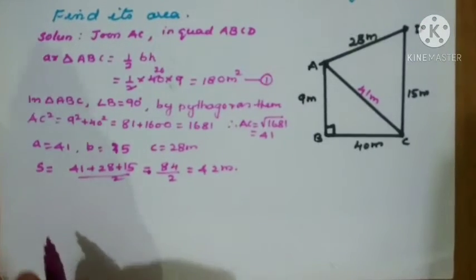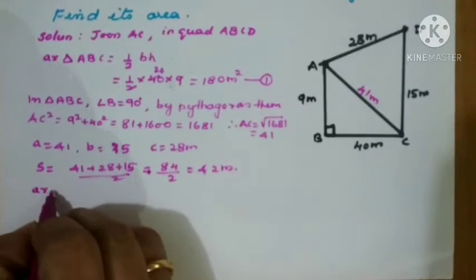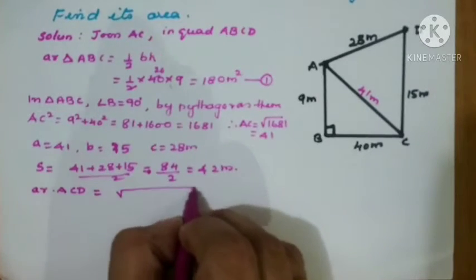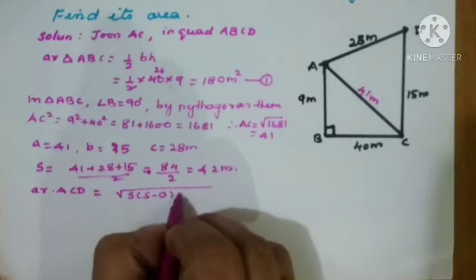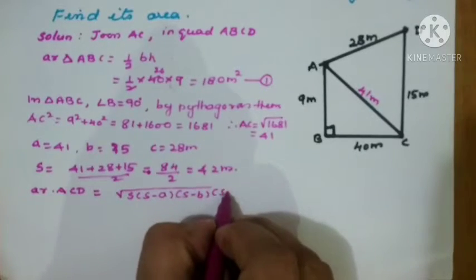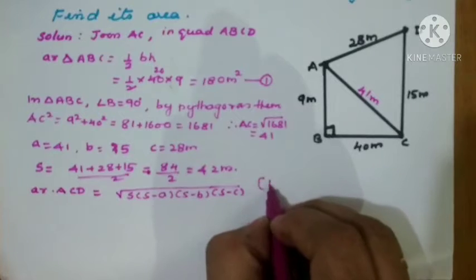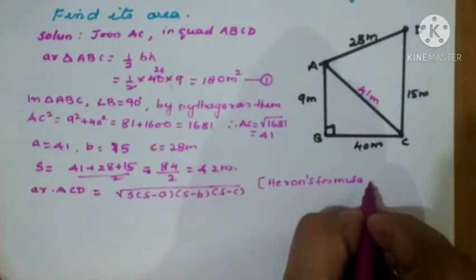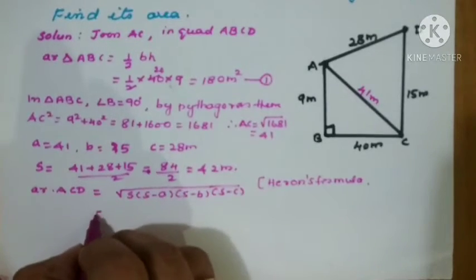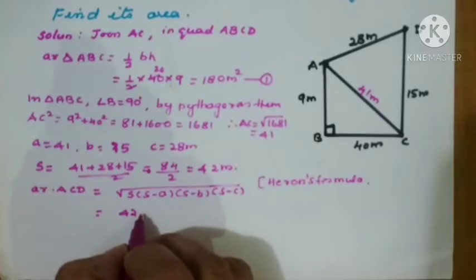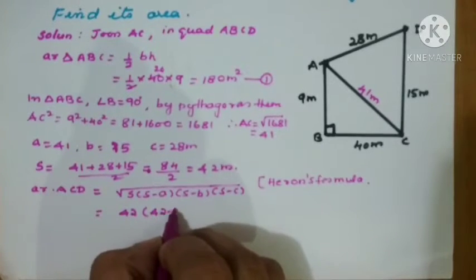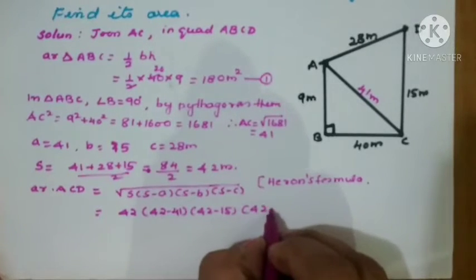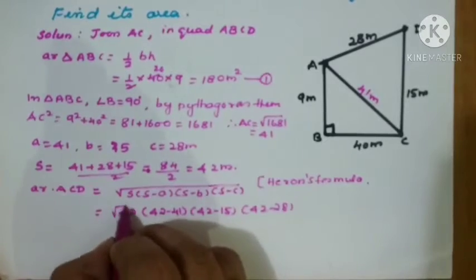So by Heron's formula, we will write area of ACD equals root of S into S minus a, S minus b, S minus c. This step is Heron's formula. Equals root of S, which is 42, times S minus a, 42 minus 41, 42 minus 15, 42 minus 28, under the root.